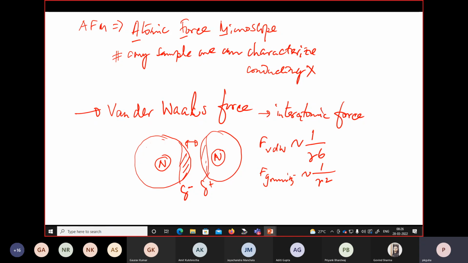Now it is possible to show that this van der Waals force, which is proportional to 1 over r to the power 6, is visible up to roughly 10 nanometer. Beyond 10 nanometer or so, you can hardly notice the van der Waals force, and it tends to 0.